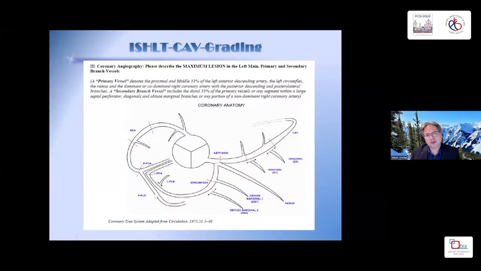The ISHLT has also come up with a nomenclature for this, and they give the first 2/3 of each coronary, as well as the left main, the title of a primary vessel, while the ones further downstream are called secondary vessels.